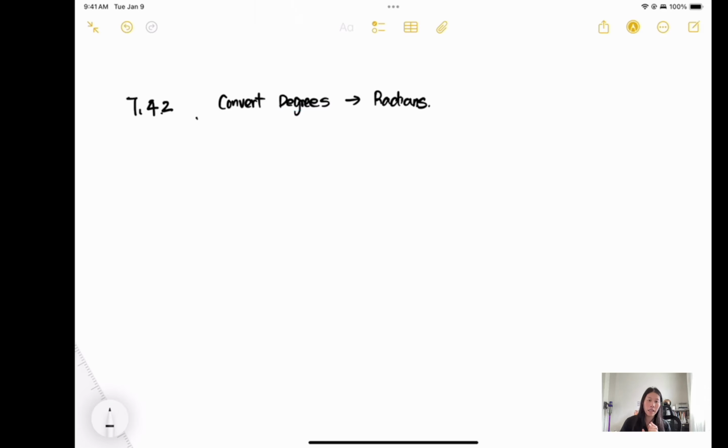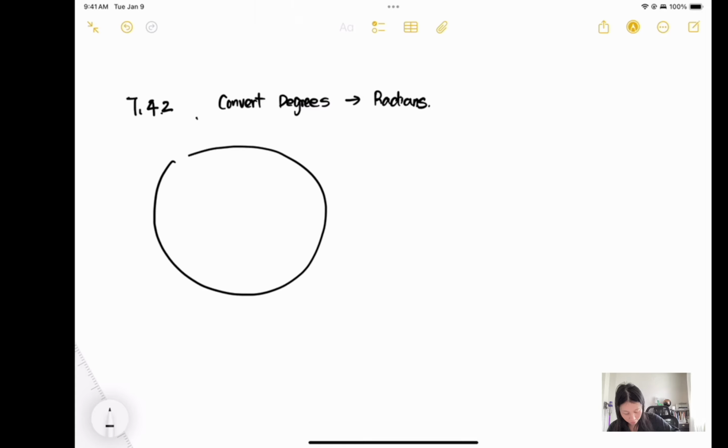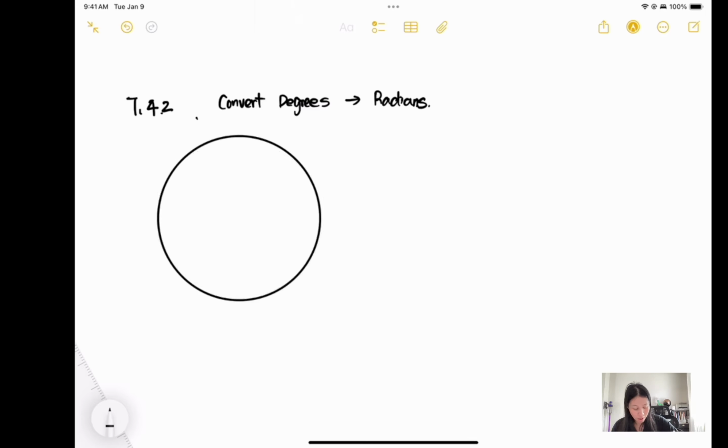Do you remember the circumference of a circle? Now I have a circle, and the circumference is equal to 2 pi r. If I divide both sides by r, the circumference over the radius is equal to 2 pi.